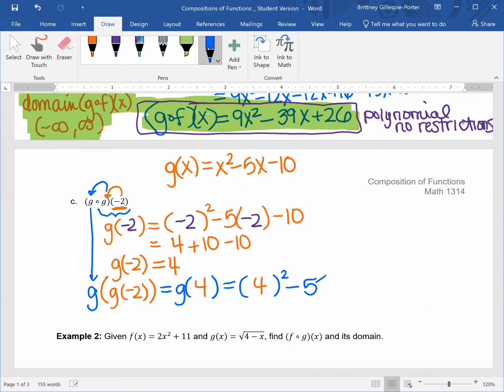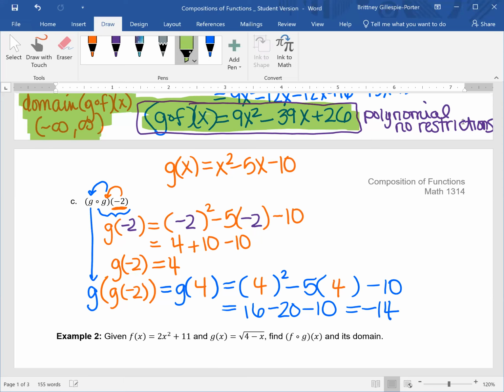Minus 5, instead of 5x, I'm going to have 5 times 4, minus 10. Do the arithmetic. 4 squared is 16 minus 20 minus 10. We wind up getting -14.